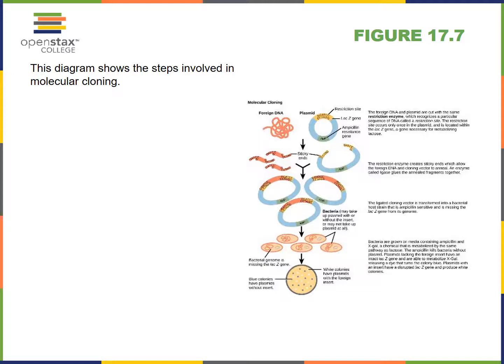Like a lot of these bacteria superbugs that you've heard about that have antibiotic resistance, they got that antibiotic resistance from a plasmid. This plasmid, like I said, is extra chromosomal, so it's separate from the bacterial chromosome, but it replicates whenever the chromosome does.